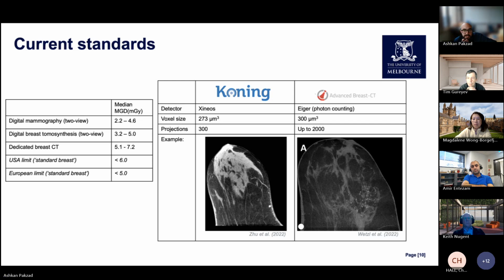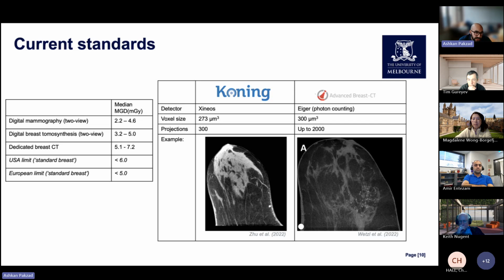Now, despite these latest iterations being able to produce images at much lower doses, they are still somewhat higher than digital mammography and digital breast tomosynthesis.